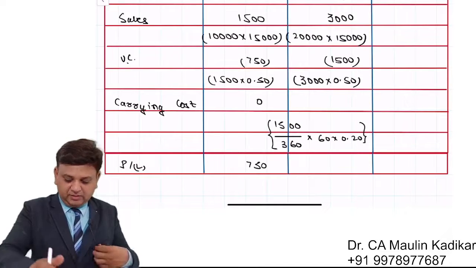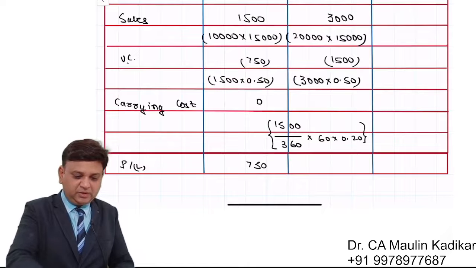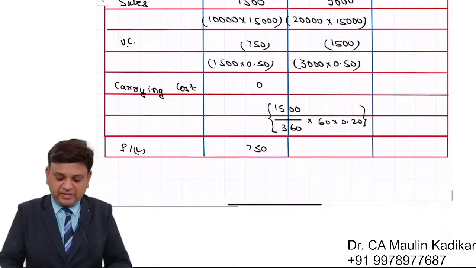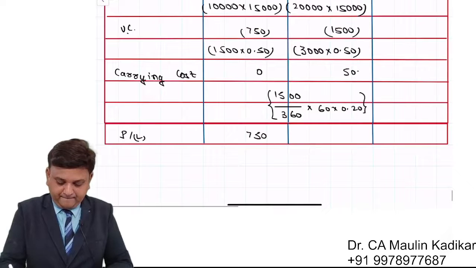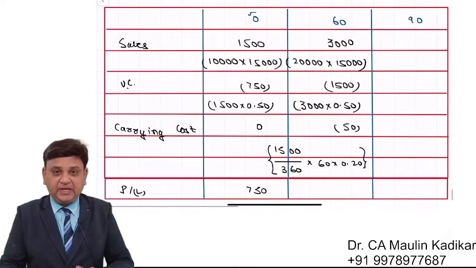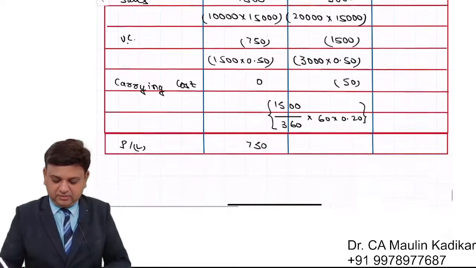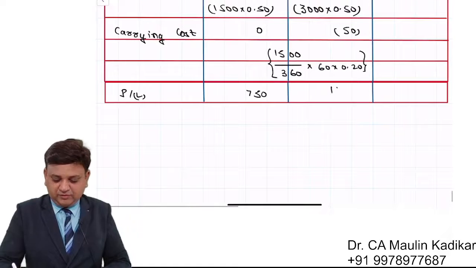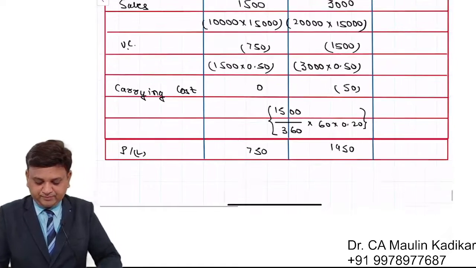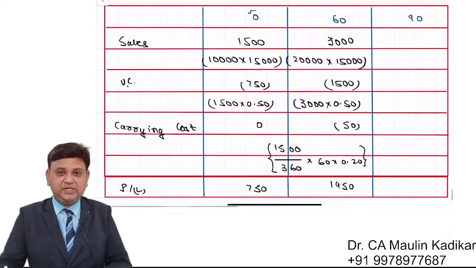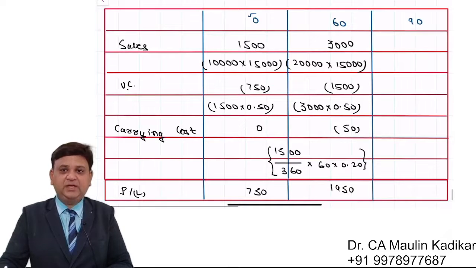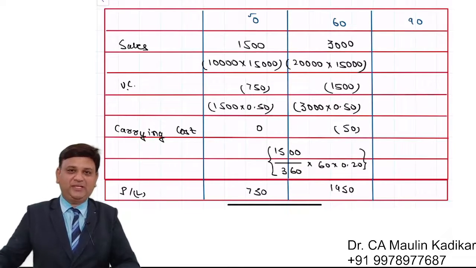So 1,500 into 60 into 0.2 divided by 360 comes to 50 lakhs. Again, all expenses will be deducted from revenue: 3,000 minus 1,500 minus 50. So it is 1,450 lakhs. Please write down the answer for 60 days, and for 90 days, try to do the answer and put it in the chat box.